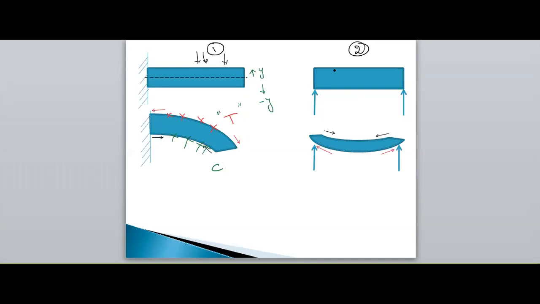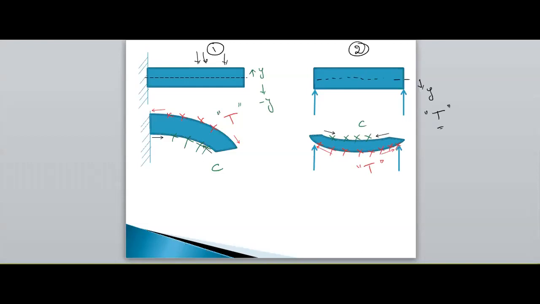If I am considering a simply supported beam, the bottommost layer feels tensile and the topmost layer feels compression above the neutral axis. If I move y downwards from the neutral axis, I need to consider positive tensile.